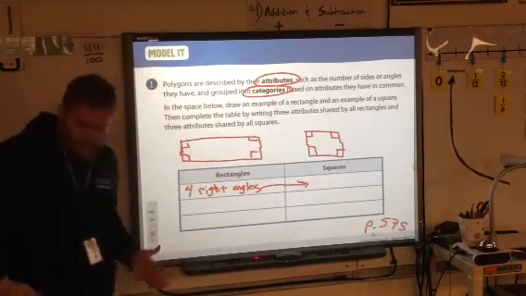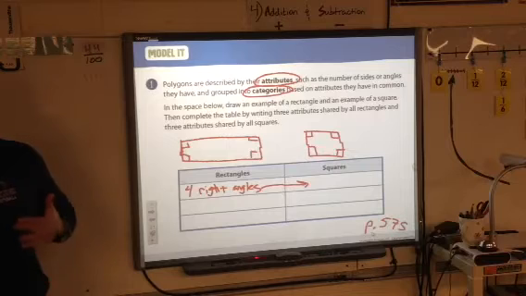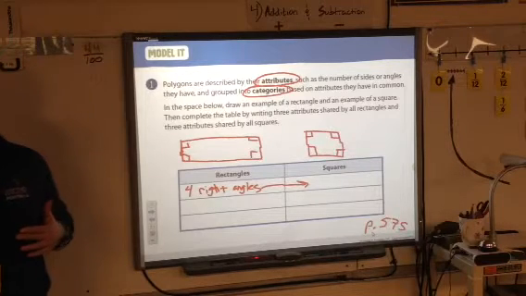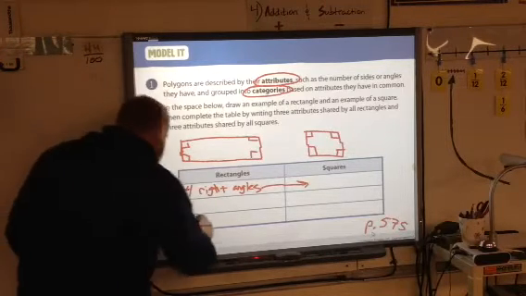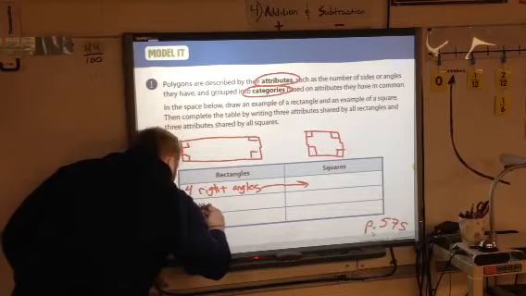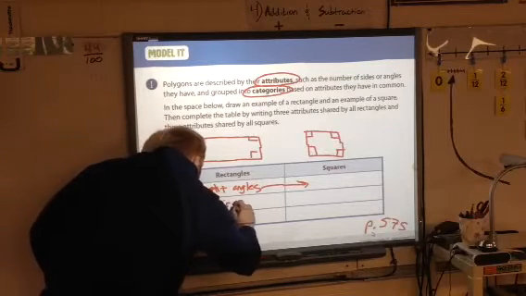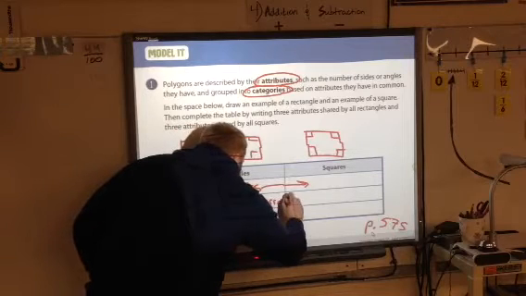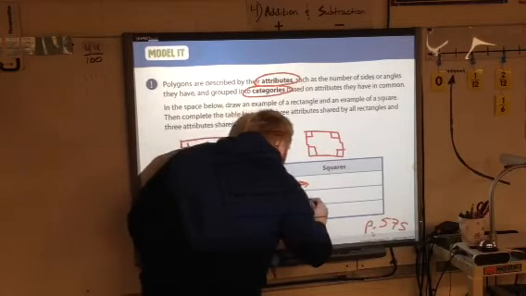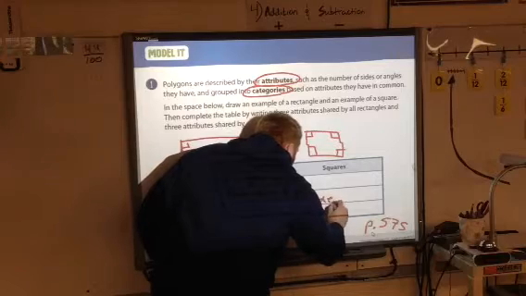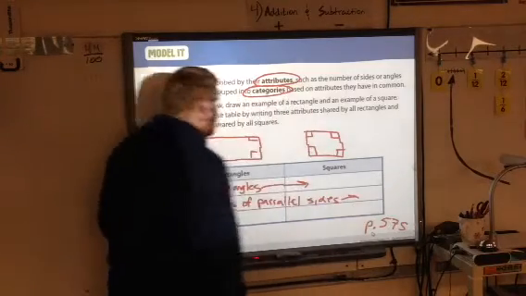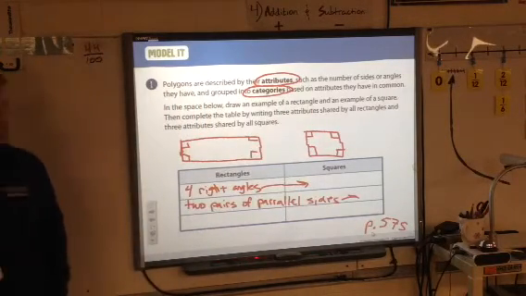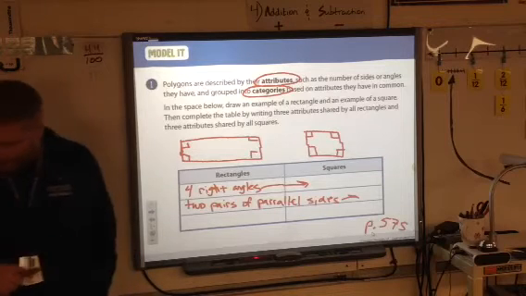So both share opposite sides that are parallel, okay? So 2 pairs of parallel sides. And they both share that, okay? Sorry for the poor penmanship. It's a little bit tricky with the smartboard.